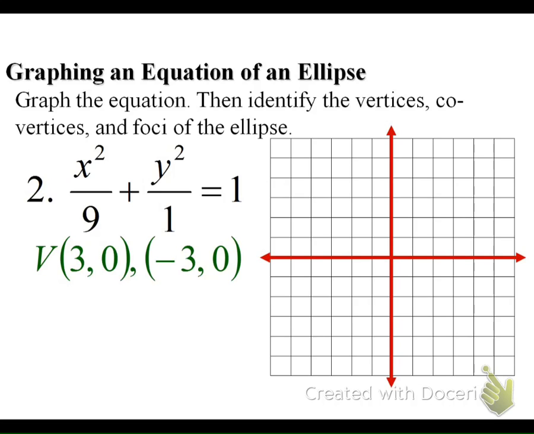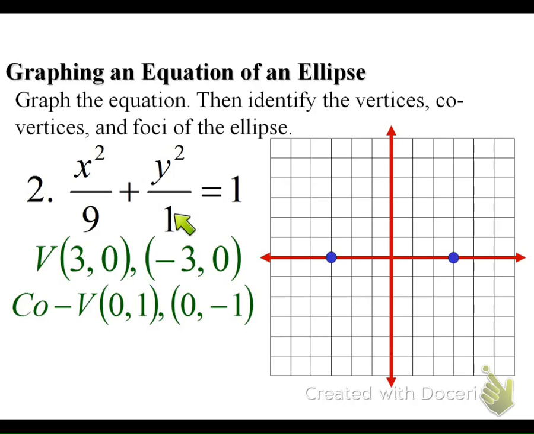The square root of 9 is 3, so you will have a vertex to the right 3 from your center and to the left 3 of your center. So those are the ordered pairs (3, 0) and (negative 3, 0). Square root of 1 is 1, so you'll have covertices up 1 and down 1. Once you have those, you can graph it and then find your foci. Anyone know, just looking at it, where it will be?